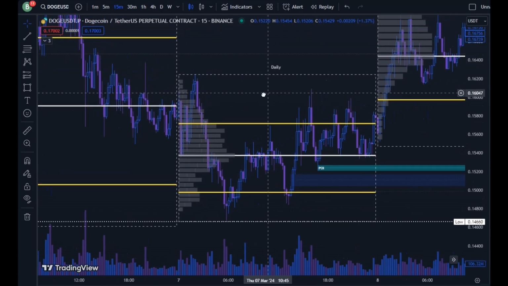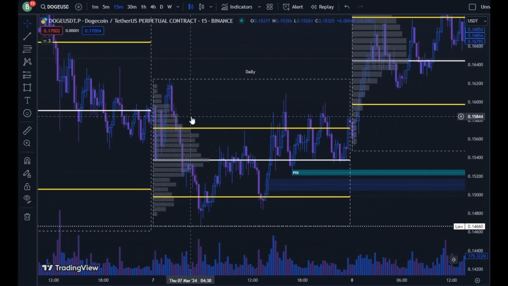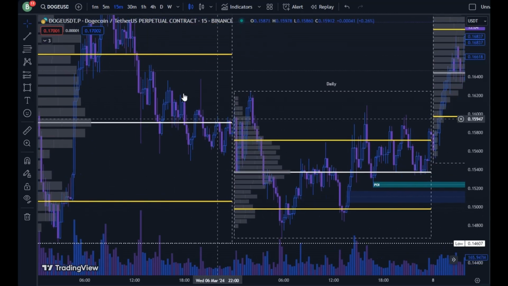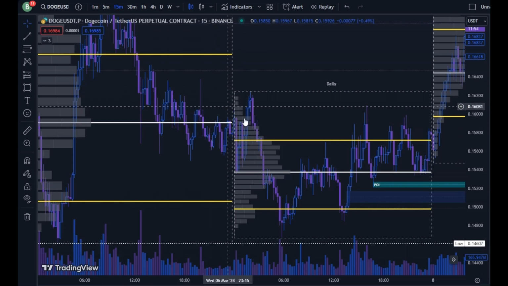Right. Here's another example. So we've got the point of control on Dogecoin. Dogecoin is here. It's gone into the next session inside the point of control.